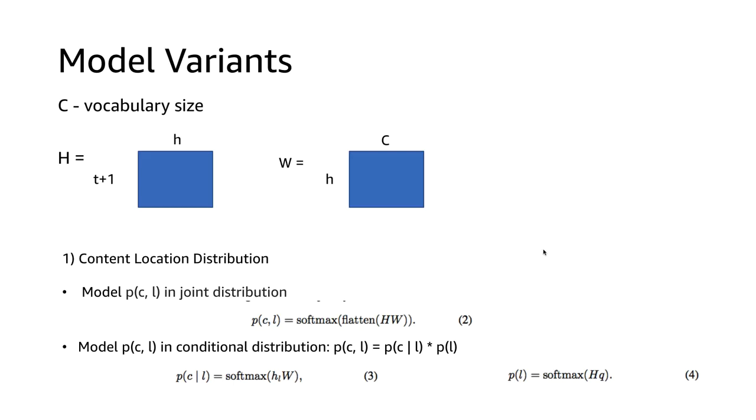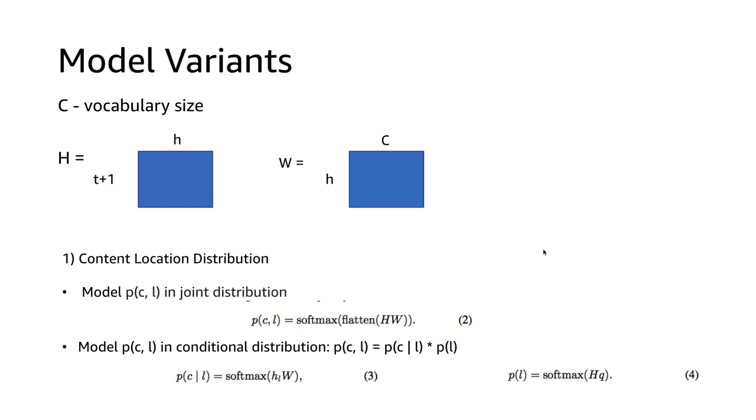The first one is H, which is essentially the hidden representation of every token or every slot, hence T plus 1, where T is the number of tokens. W is basically your matrix projection which you use before your softmax, so that you can map it to the vocabulary.